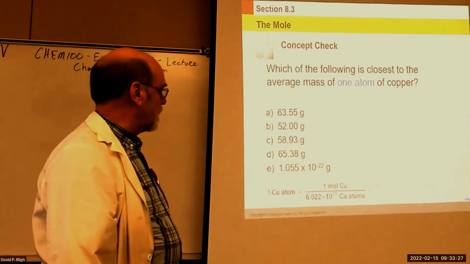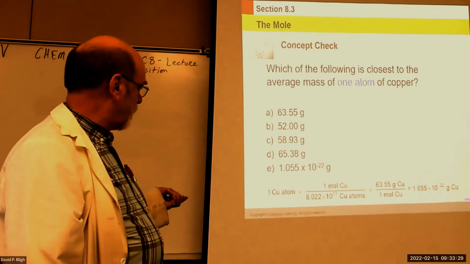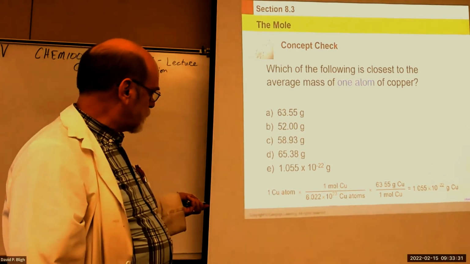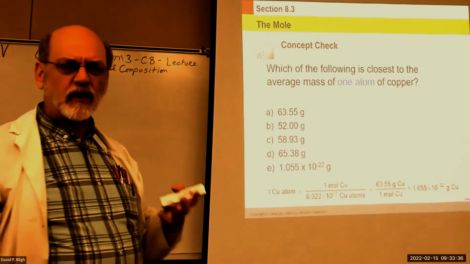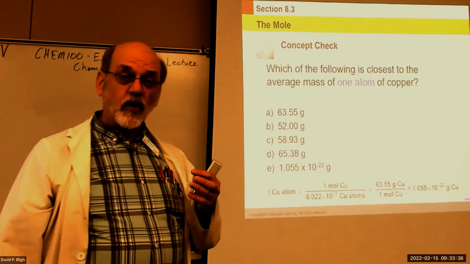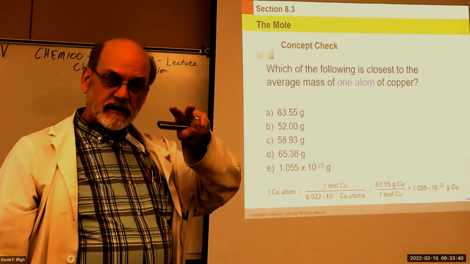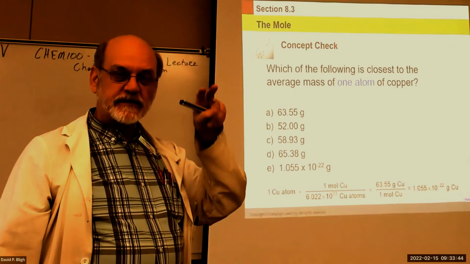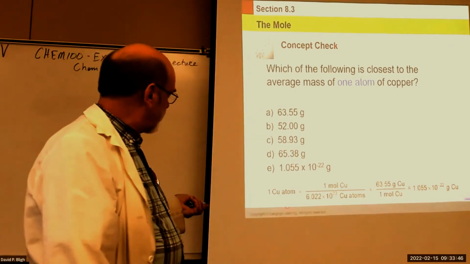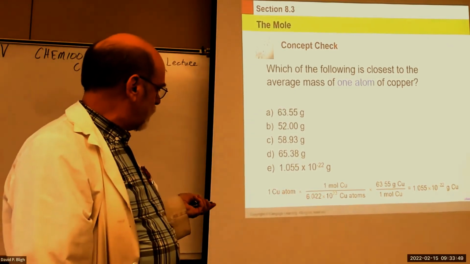And we can do the calculation to prove it, right? 1 copper atom. And this is your conversion factor to find out how many moles of copper. Why do we need to go to moles? We need to go to moles because the equivalence of mass in grams is relative to moles. So we needed to find out how many moles does that 1 atom represent?